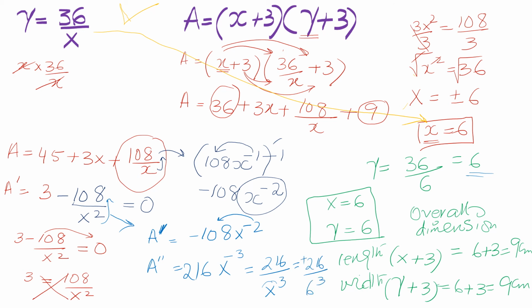Now this is positive, this is positive. Obviously your answer will be greater than 0. So if your answer is greater than 0, it means you are using the least amount of dimensions. That's all. So if you don't understand, try to rewind the video and have a look again.